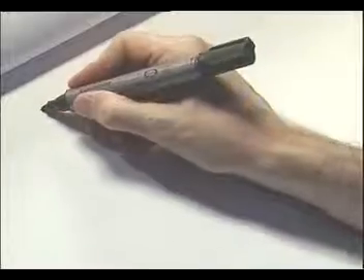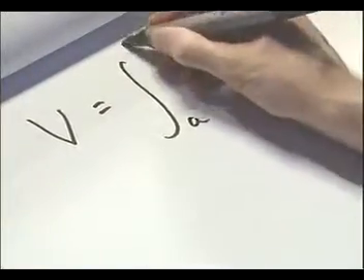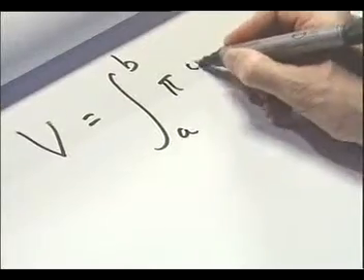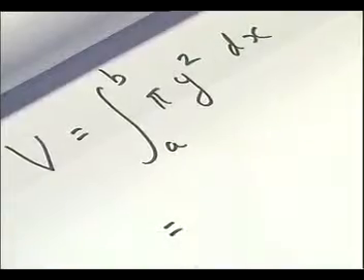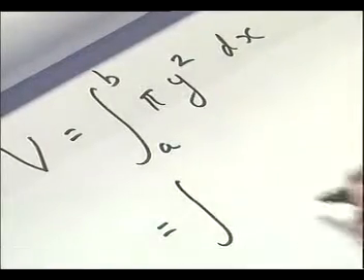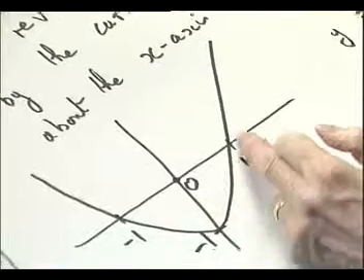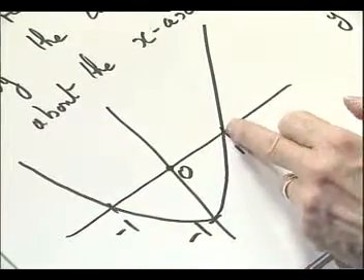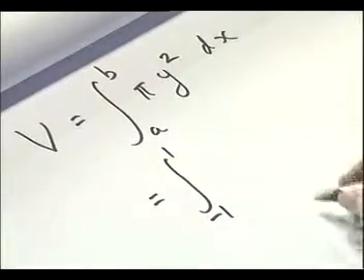So we begin with V equals the integral from a to b of pi y squared dx. First of all, let's identify the limits of integration. Well, this was where the curve passed through the x-axis. So the limits of integration are minus 1 and 1, the values of x where the curve cuts the x-axis.